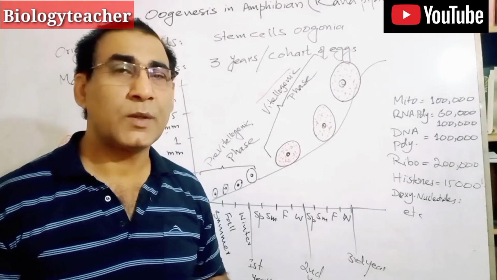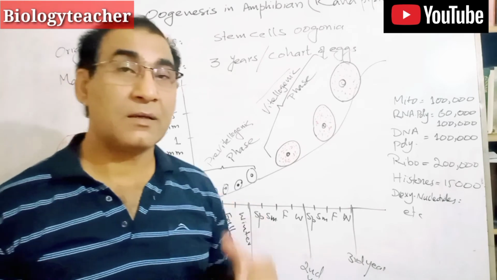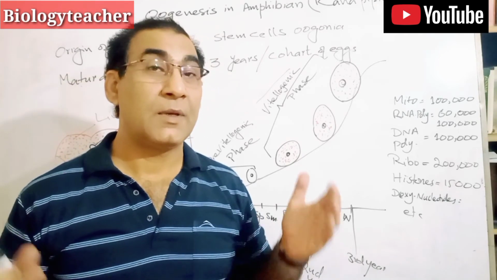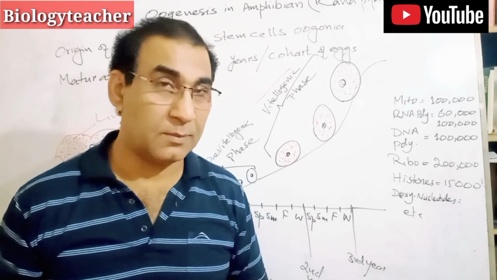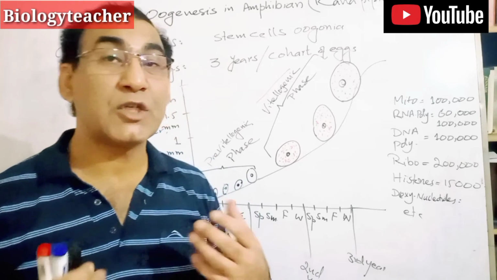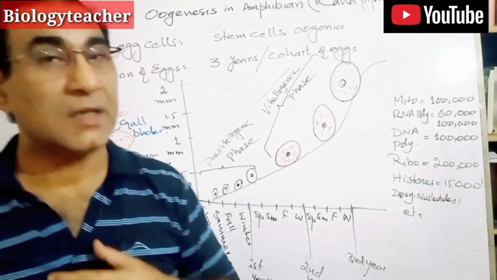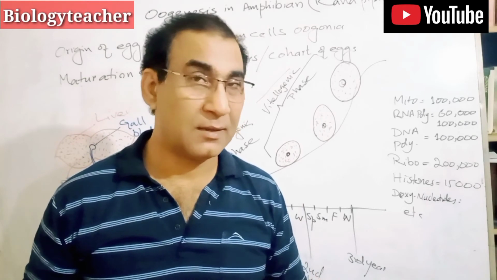I told you in a certain lecture that the mitochondria are provided by the mother, I mean by the oocyte, not by the sperm. Although there is a large population of mitochondria in the tail of the sperm, the head does not contain the mitochondria.